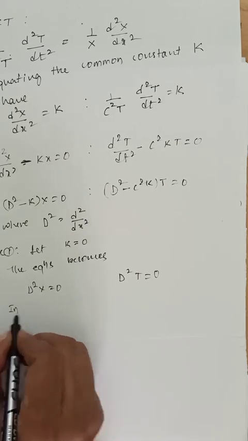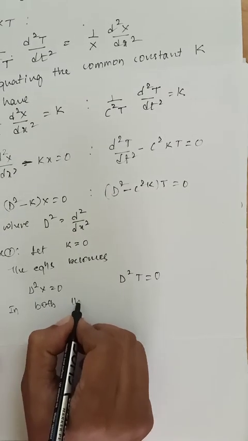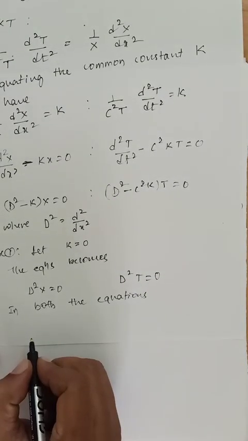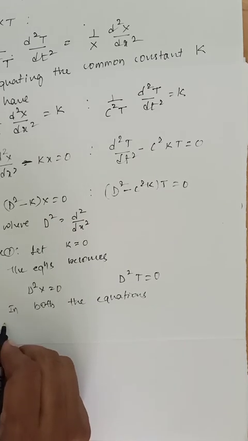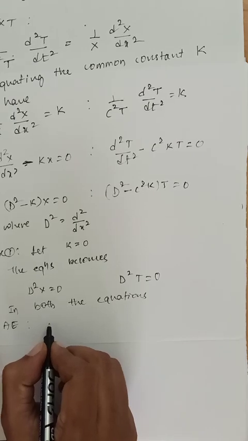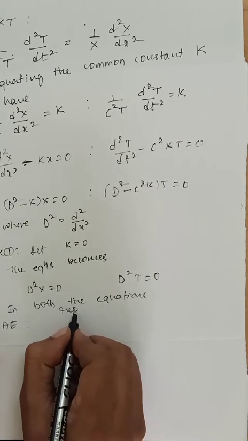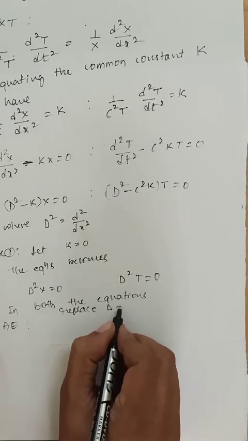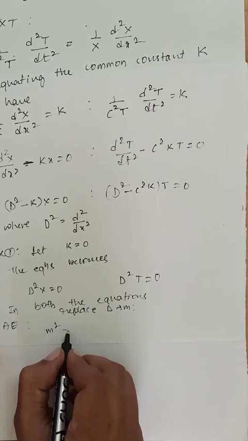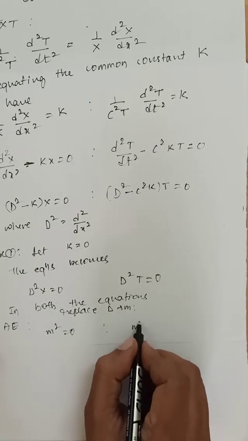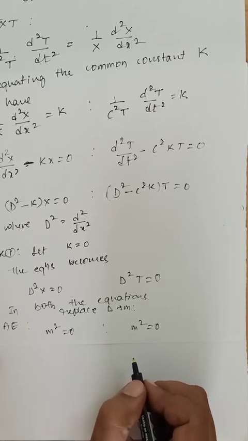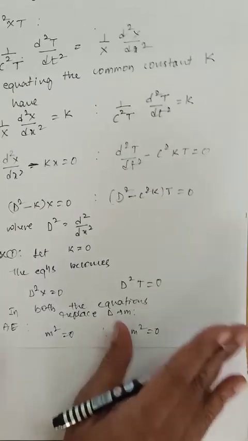In both equations we find the auxiliary equation, that is, replace D by m. So m square equal to 0, here also m square equal to 0. Write down this.